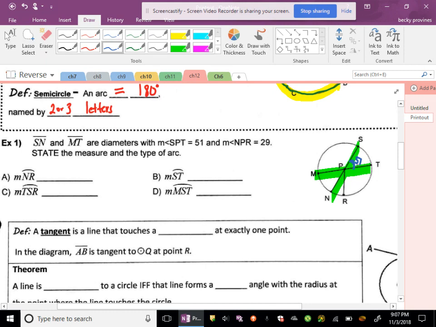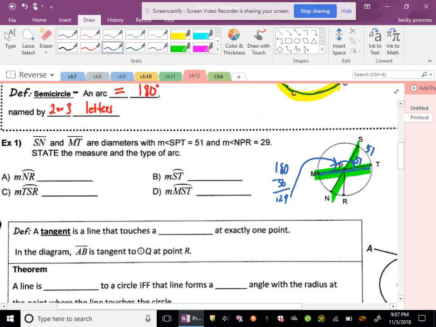Now if the angle's 51, we know the arc is also 51. And if we know we have a semicircle, if we take 180 and subtract 51, which I believe is 129, that would be the measure of this big obtuse angle.